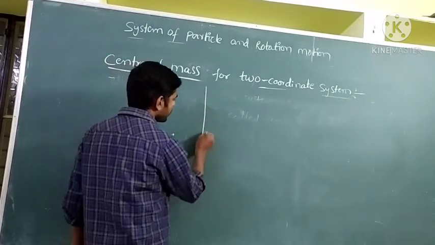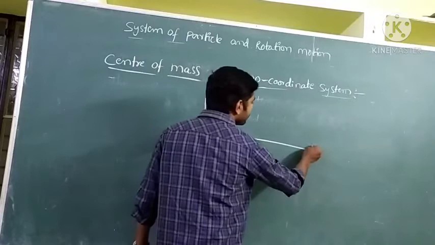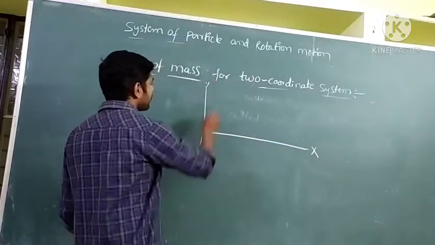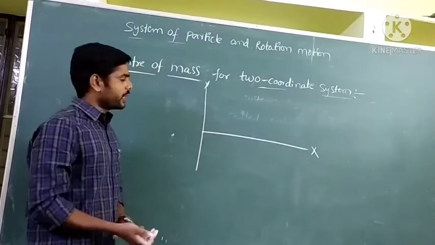For this case, this is one of the axes. Let's say this is the x axis and this is the y axis. First of all, I am explaining what one coordinate system is, and after that we will proceed.